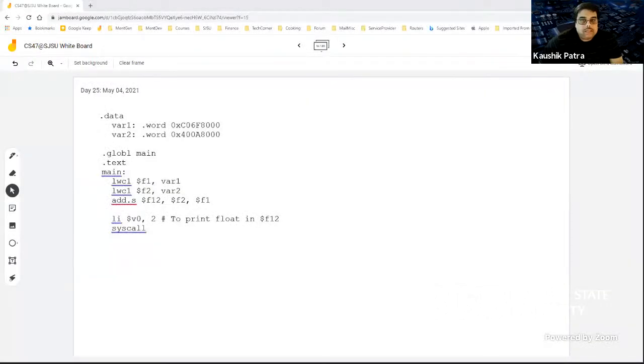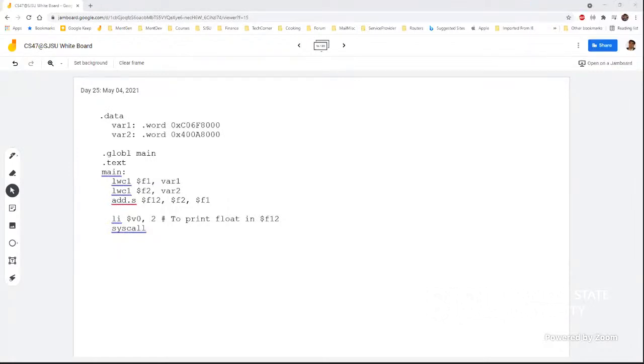All right, so let's do a problem. I'll give you step by step of this specific problem. Let me see. Okay, screen share. This problem tells you that we have a little piece of code which involves floating point, and of course we haven't learned what the floating point instructions do, but let's see how we can manage it.